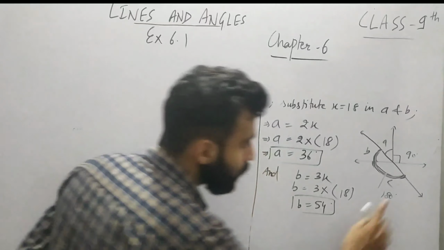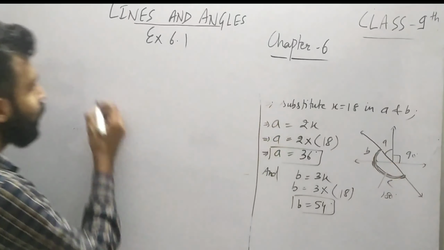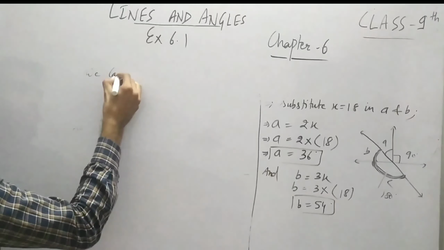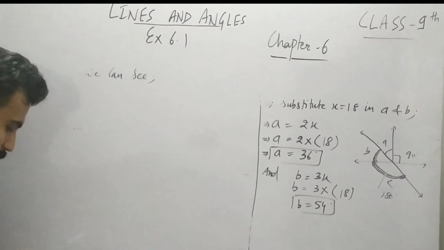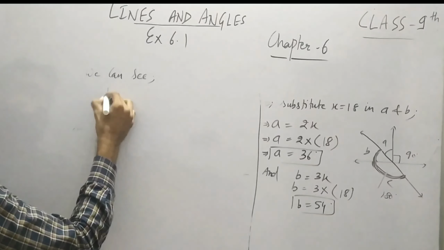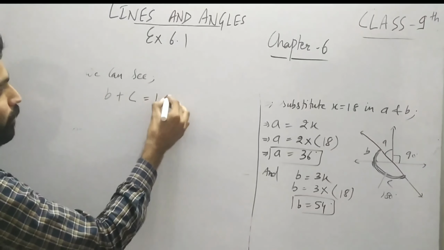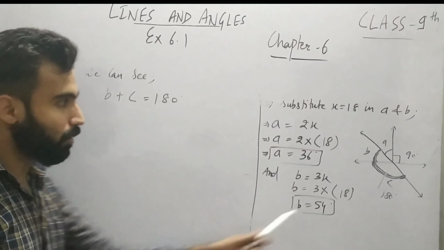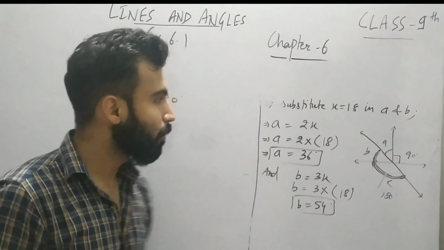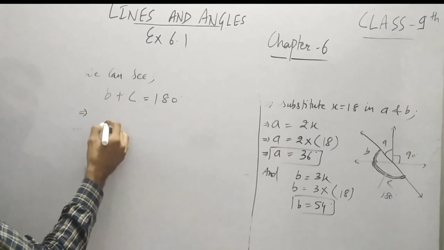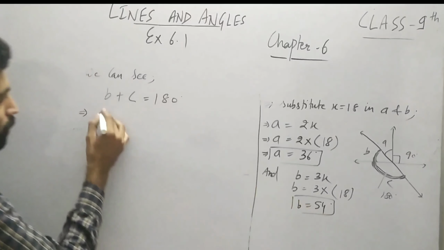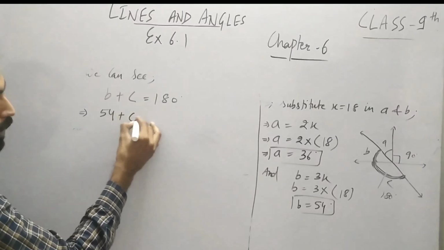We have to calculate C, but B and C combined, B plus C, is clearly equal to 180 degrees because this is a straight line. Angle B is 54, and angle C we have to calculate.